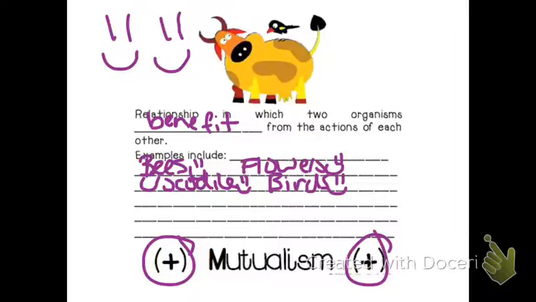Another example, this one's kind of controversial. Some people say this is mutualism, some people say it's commensalism. We will write it down on mutualism, but it's important that you read the context of the question whenever you are asked about this one. So a pretty common one, especially after Finding Nemo, was sea anemones and clownfish.